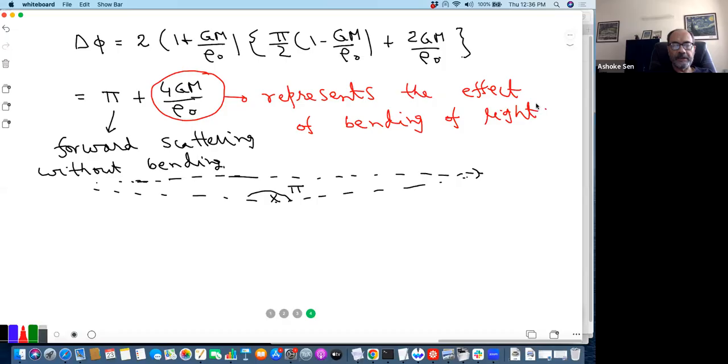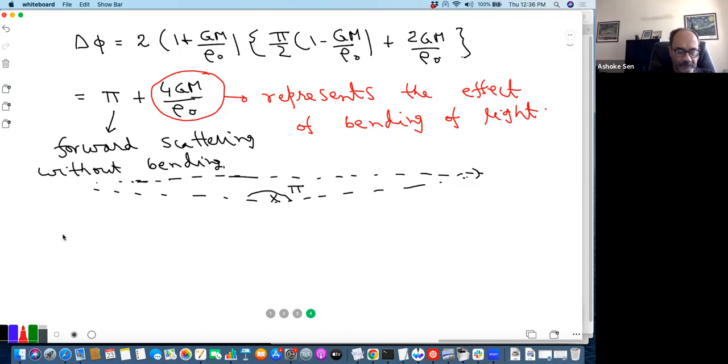Because of this effect, the apparent position of, say, a star whose light you are observing, will get shifted by an angle of 4 gm over rho 0. That's what it means.